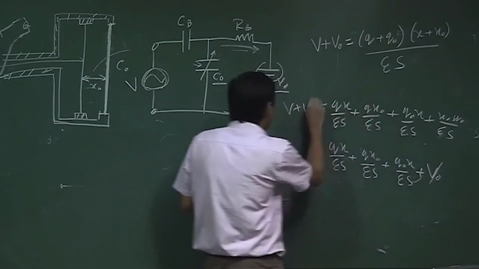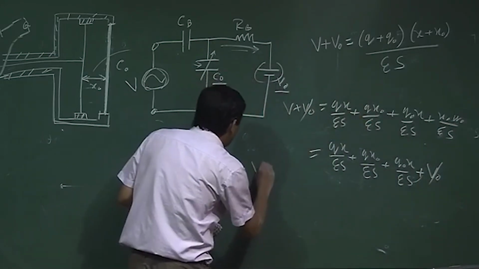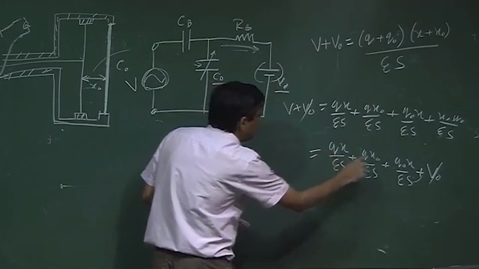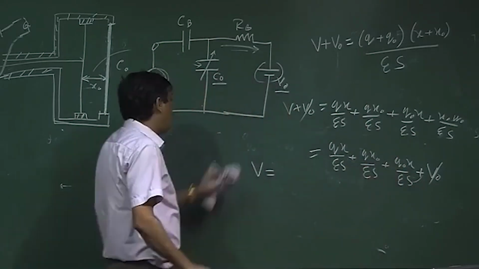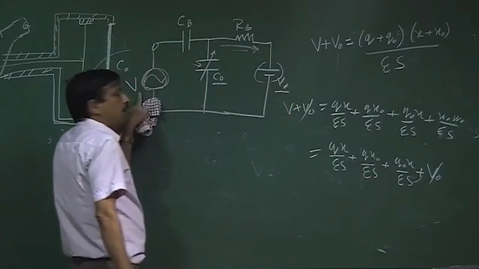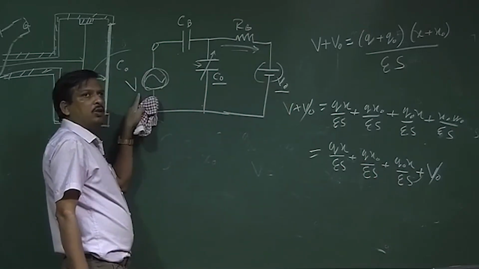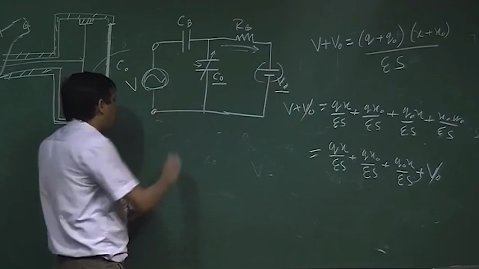So, V0 is cancelled, and the variable voltage V is these three terms. This voltage is the AC varying voltage, so the voltage-induced charge is Q.